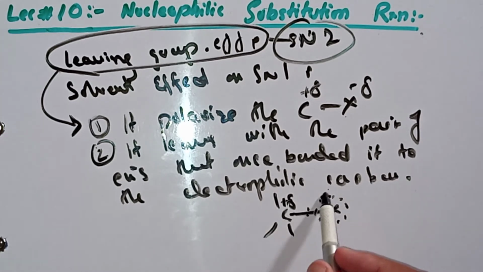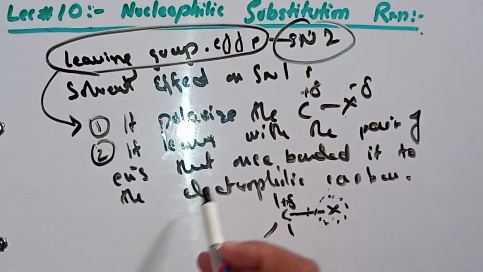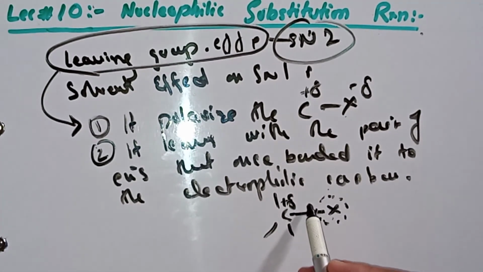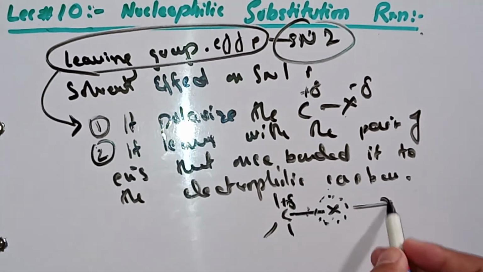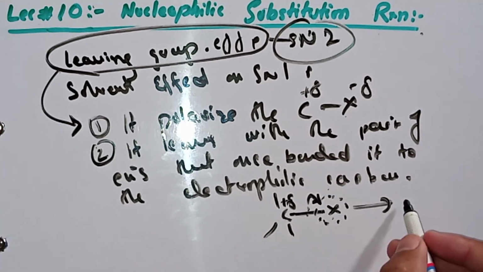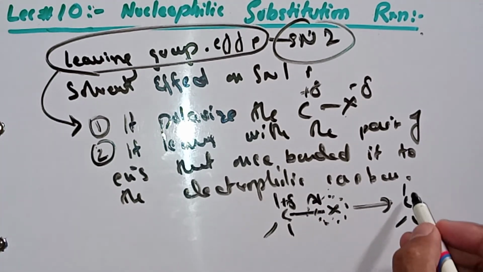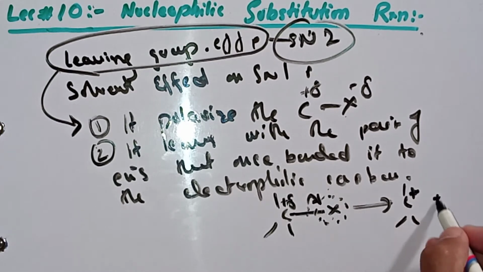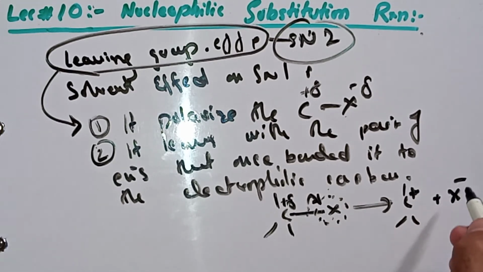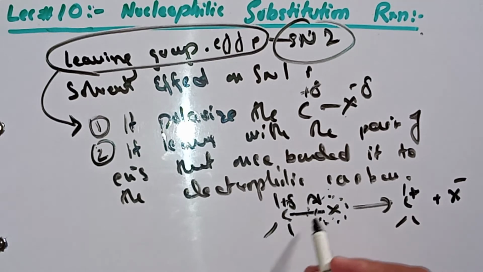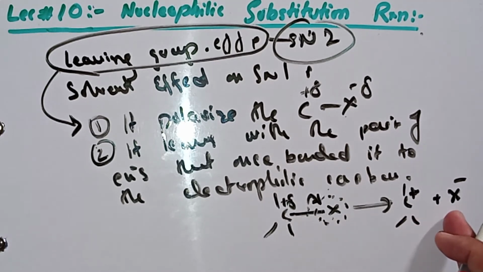Another purpose is that it takes the pair of electrons with it when leaving. So the carbon becomes completely positively charged, while the halide ion, the leaving group, becomes completely negatively charged, because the electrons shift toward the halide ion due to its high electronegativity. These are the two basic purposes of leaving groups.